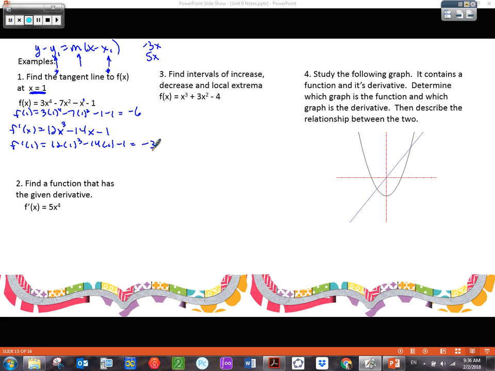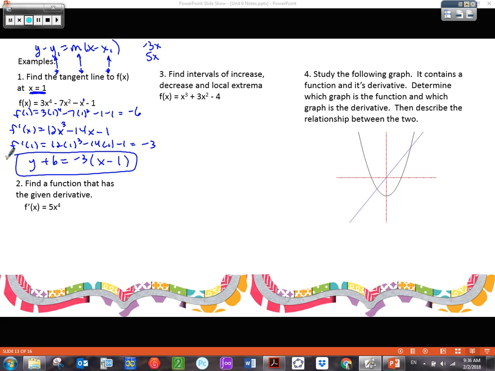Now I have all 3 parts of what I need to write the tangent line. So let's fill in the numbers. y minus negative 6, so y plus 6 equals my slope, negative 3, times x minus 1. Now, resist the temptation to distribute and combine like terms.